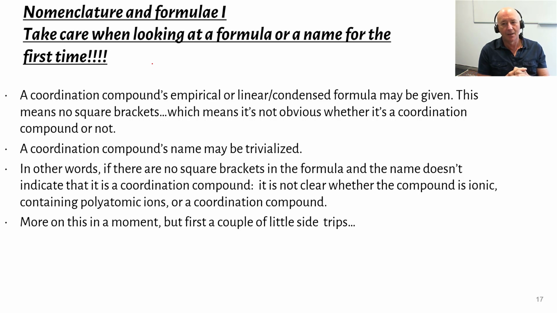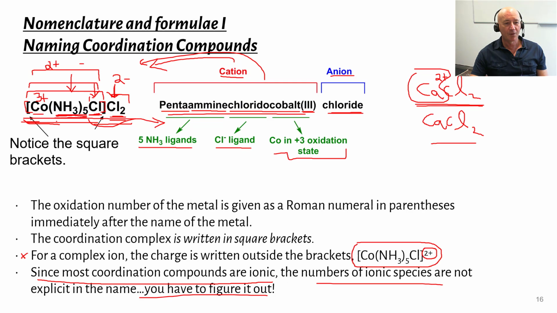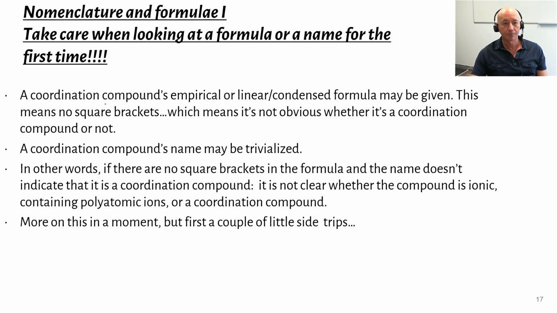Just to add insult to injury a little bit, it's not always the case that people play fair and write down a coordination compound's formula with the square brackets in it. If it's got square brackets in it, it's a dead giveaway. It's a coordination compound, but often people don't do that. So what they'll often do is write down the compound's empirical formula, or the linear or condensed formula.